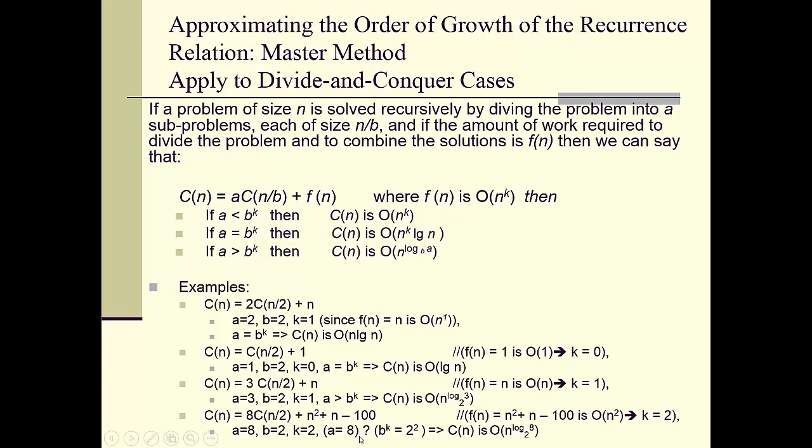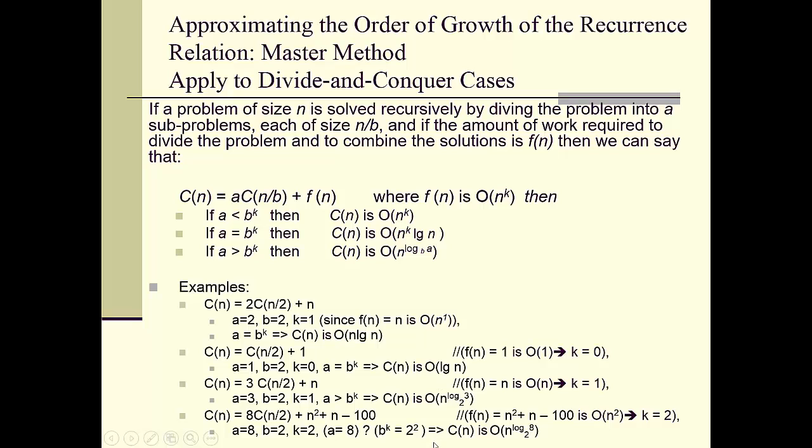What's going to be a? Which is 8, and b to the k is going to be equal to 4. So in this case, you're going to see that a is bigger than b to the k, which makes it basically O of n to the log base 2 of 8.